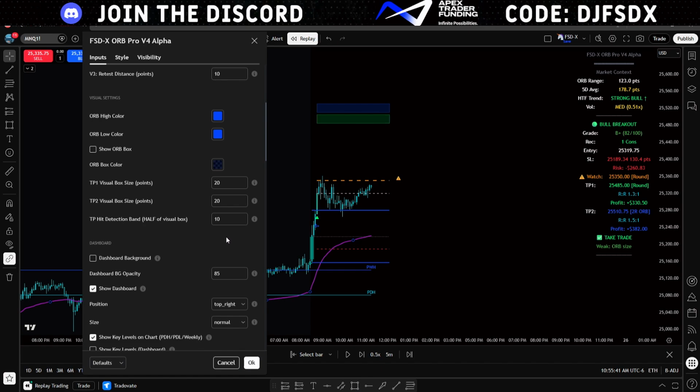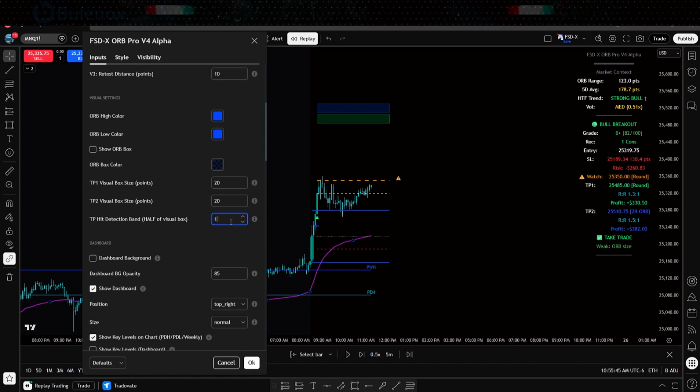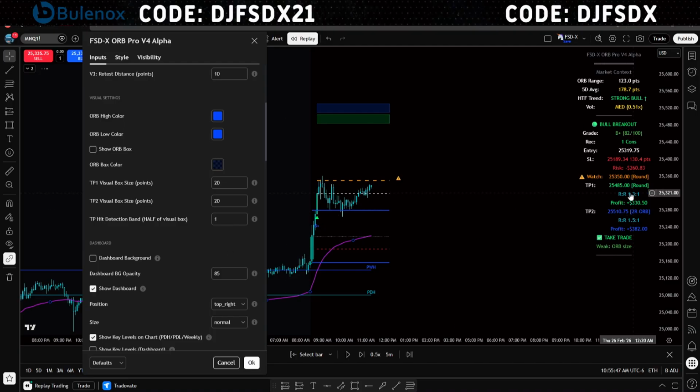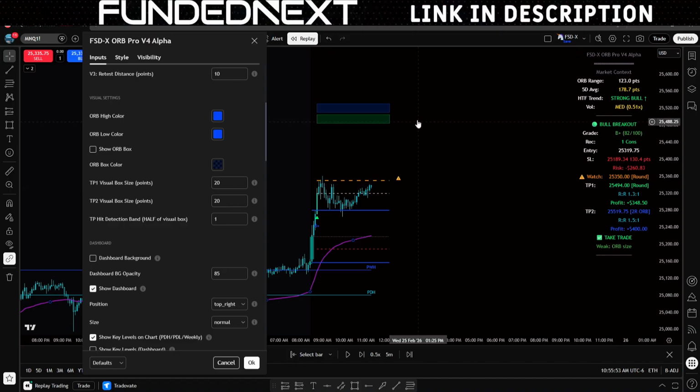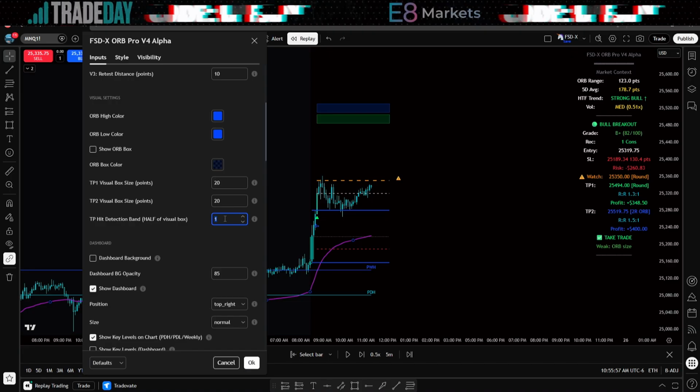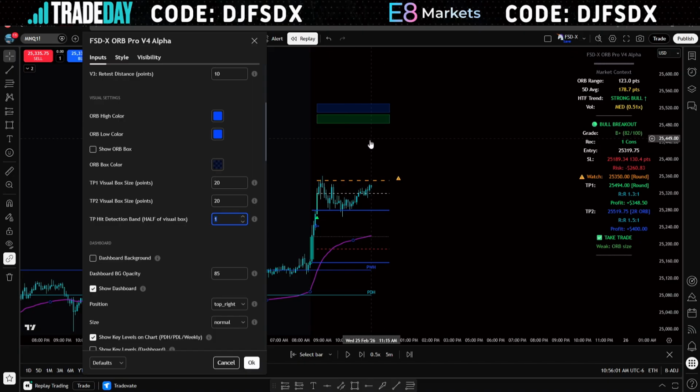See how you can see the numbers change here on the side for TP1? If I put it back to 1, the hit detection is going to change. The boxes themselves are just visual, but the new level is going to be raised up. If you were to go beyond 10 for this one, it would move the hit detection way outside the box.